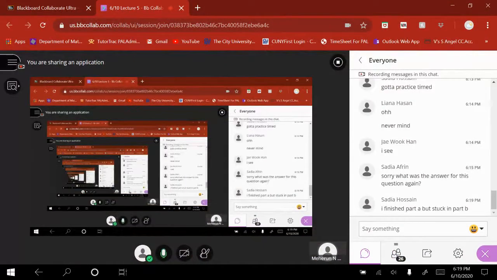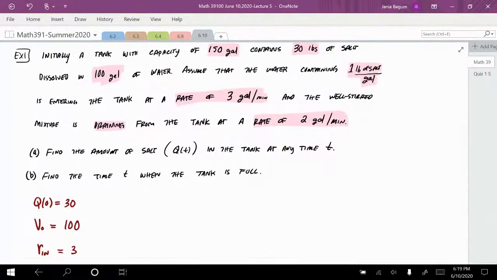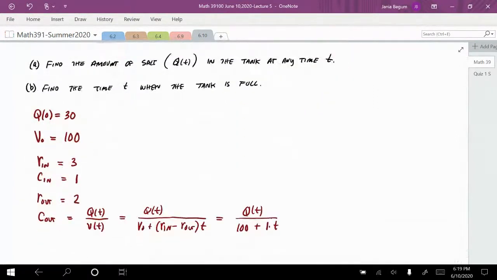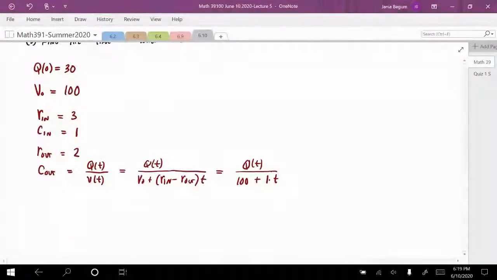So were you guys able to? All right, so I'm going to finish up this question and then we'll do another tank problem. For part A, you want to find the function Q of t. So we set this up. We have dQ/dt, which is given by the formula rate in, concentration in, minus rate out, concentration out.